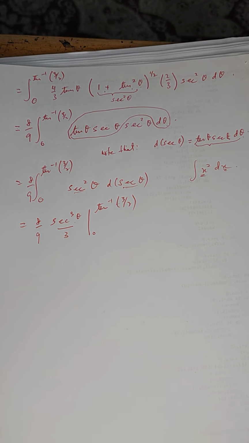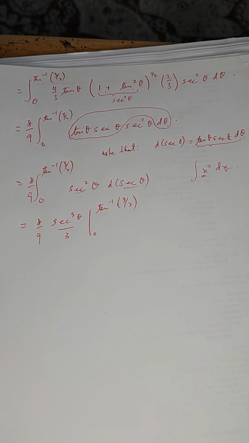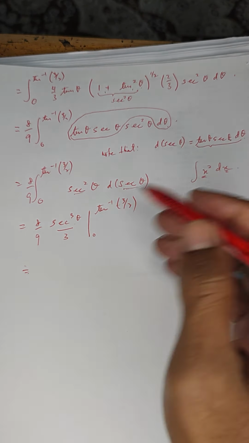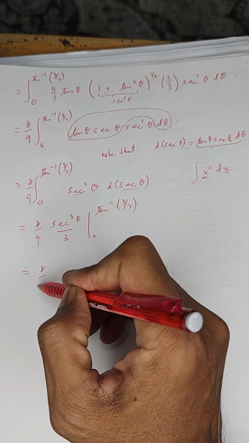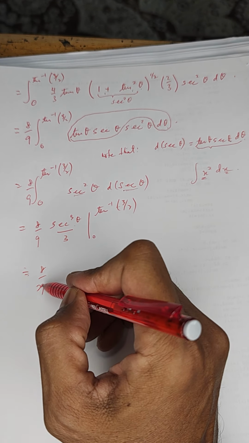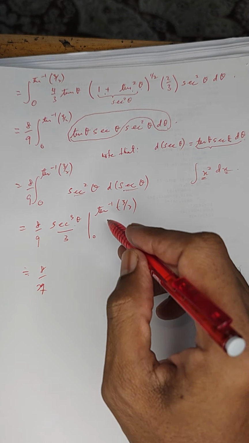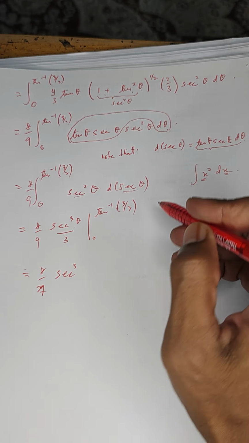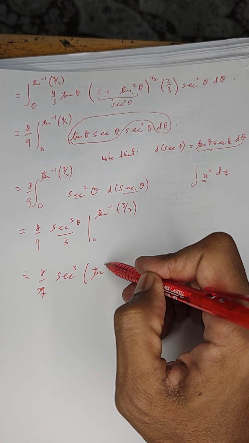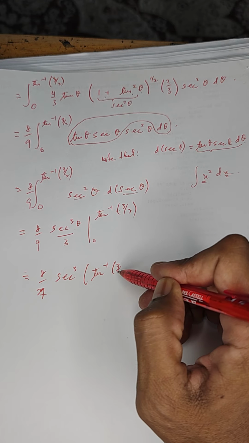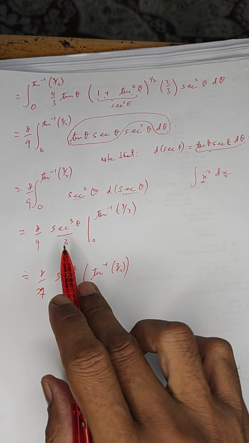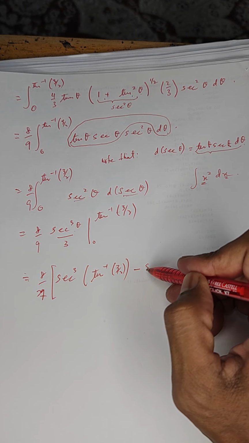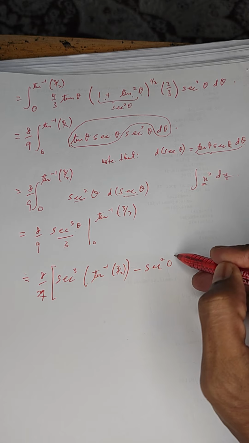And then you can just evaluate those things. Whatever it is, I just leave it to you here. So we have 8/27 times secant cubed of inverse tangent 3/2, minus secant cubed of 0.